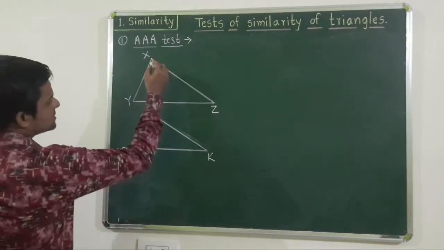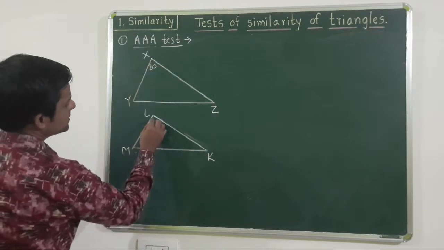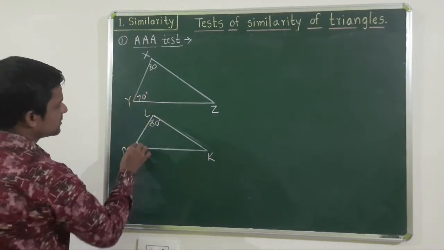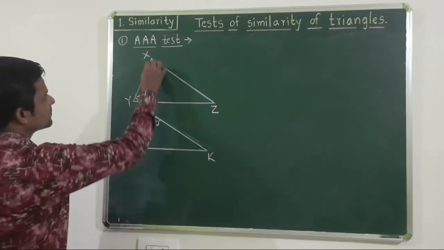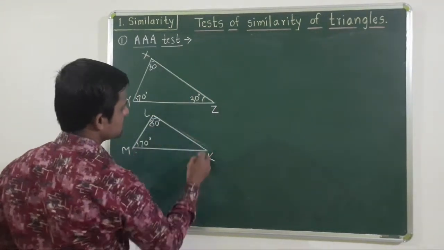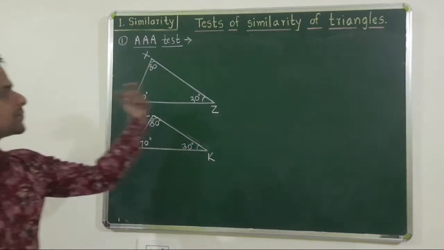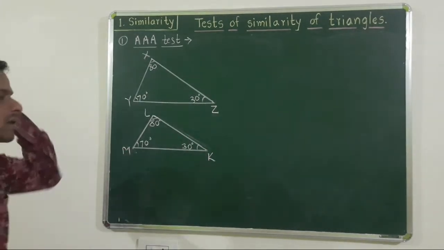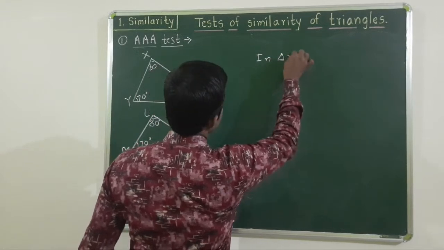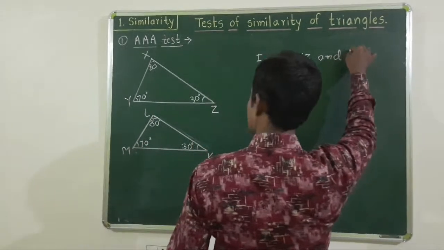Suppose angle X is 80 degrees, angle L is 80 degrees, angle Y is 70, this one is also 70, and this one is 30. The sum of the measures of all 3 angles is 180 degrees, that is 70 plus 80, 150 plus 30, that is 180 degrees. Now in triangle XYZ and triangle LMK.